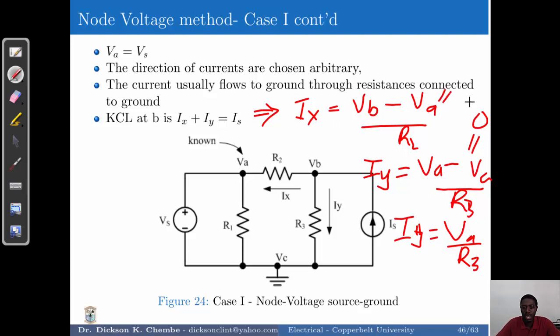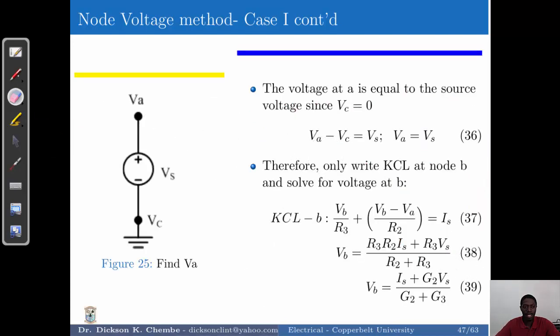Since we know that IY is VB over R3 and IX is VB minus VA over R2, and VA in this case is equal to VS, we replace these variables into our equation, and IS stays as IS. So in the equation you have VB over R3 plus VB minus VA over R2 equal to IS.